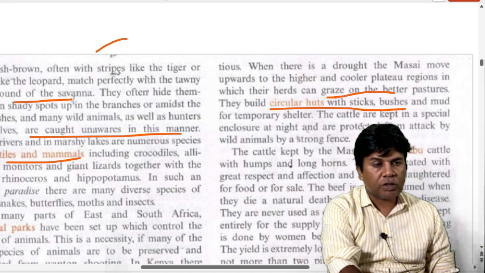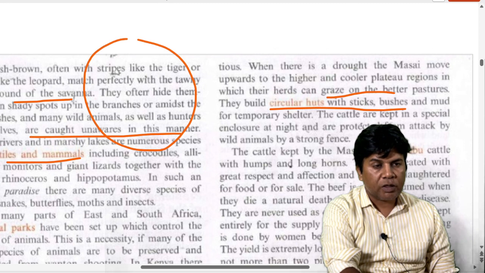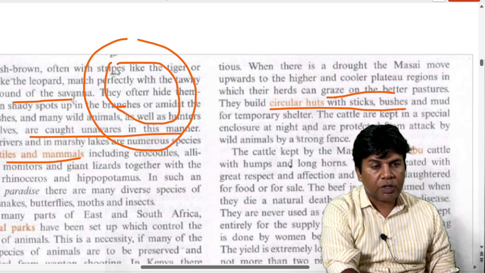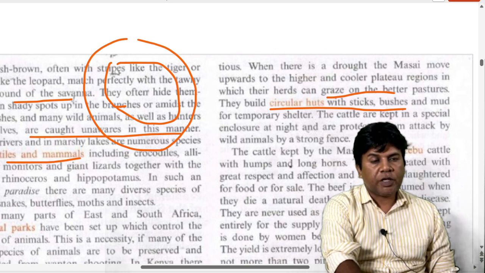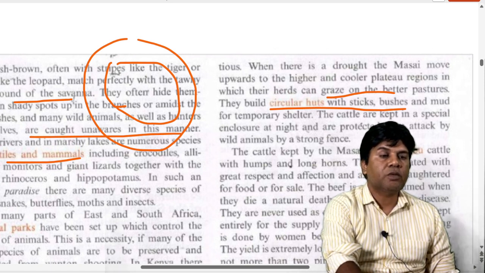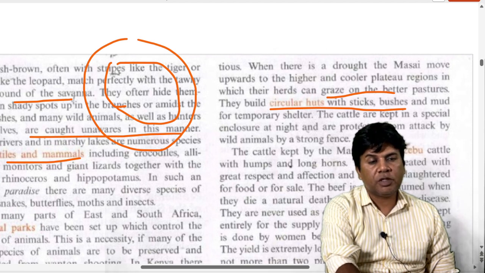So they make their settlement in a circular manner, and in this circle they keep their cattle in order to protect them from wild animals. That's how they make a circular hutment.